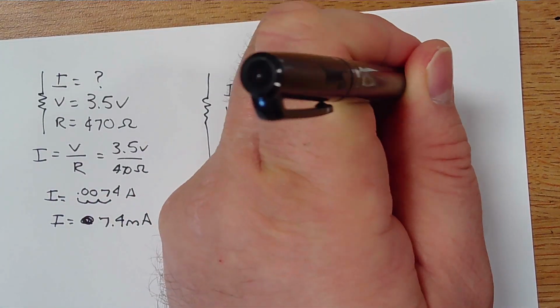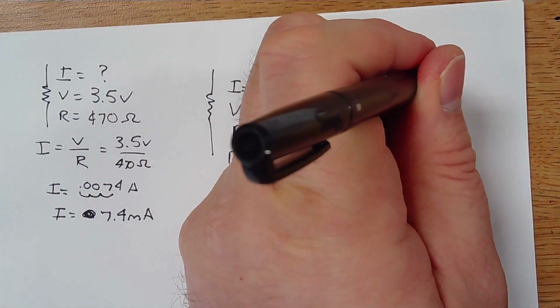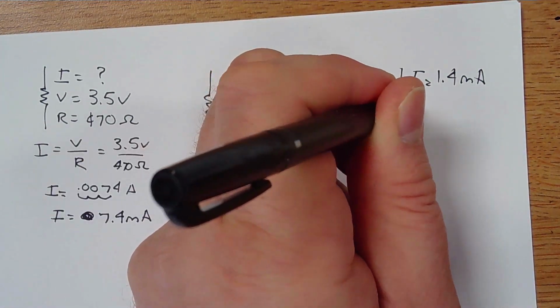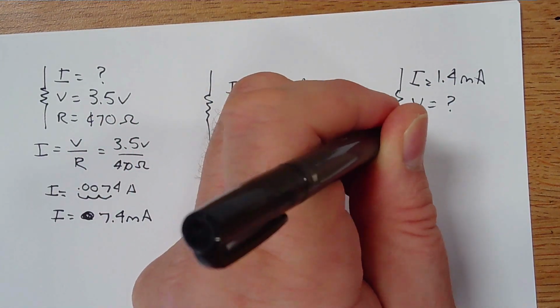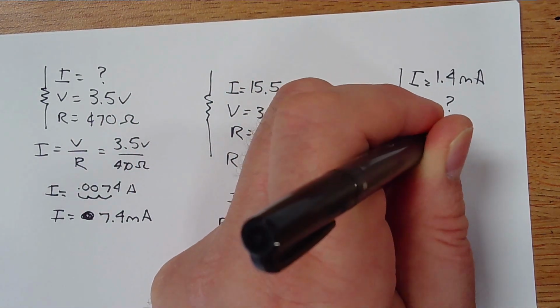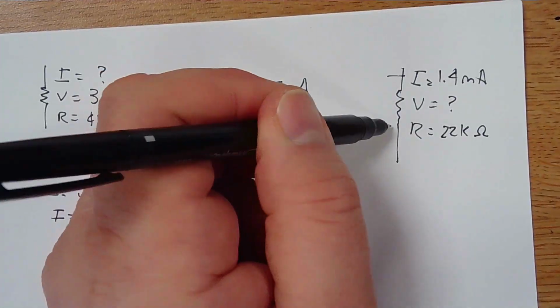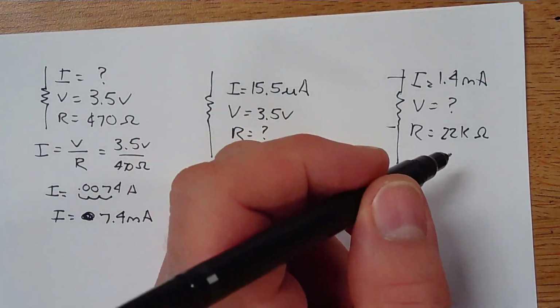Okay, and then the last one, we have current equals 1.4 milliamps. I've got voltage equals I don't know, and I got resistance equal to 22 kilo ohms. Okay, so we need to change this one and this one into plain ohms and plain amps.